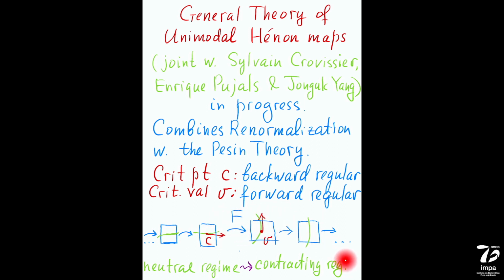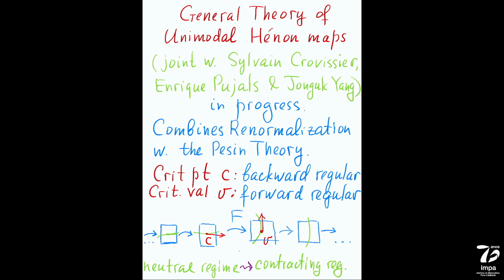Forward, you have contracting regime with a certain rate, so everything should be very specifically quantified. That is the critical point. And one can require such a critical point to be unique and to be of quadratic type in a natural way. So the stable manifold and the image of the neutral manifold should have a quadratic tangency in this place.